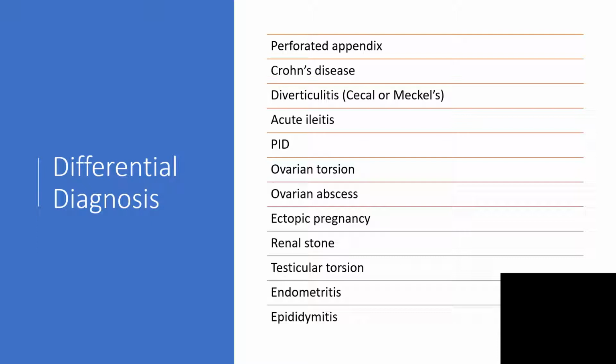Ectopic pregnancy on the right could present like that. And of course, a kidney stone on that side could present the same way. Testicular torsion in men, and endometritis in women or epididymitis in men.